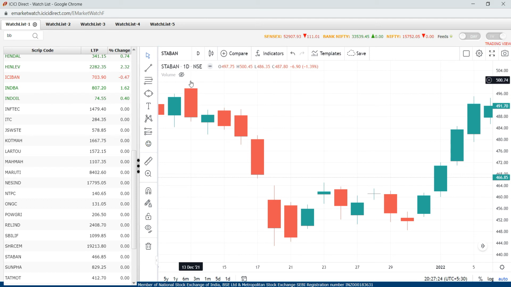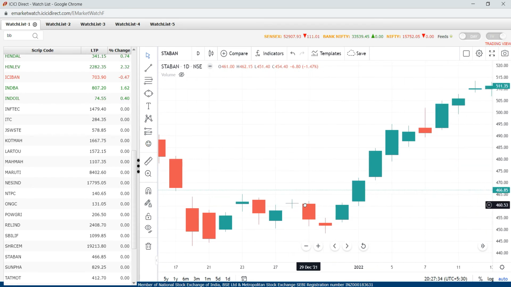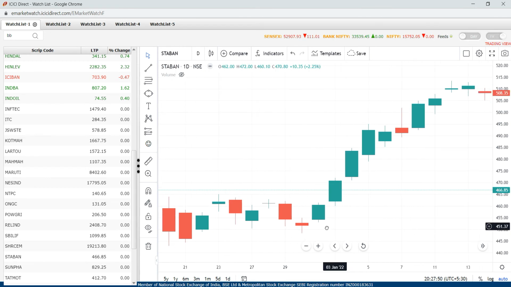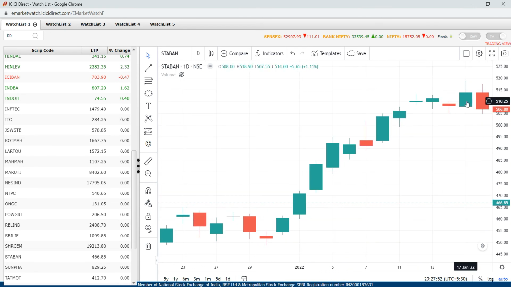The stock was trading somewhere around 500 and it almost fell. Here you can find a morning star. As I said, this is a three candlestick pattern. So this is called a morning star. When it is formed in a downtrend, this would be a bullish reversal. You can see after this candle, the stock moved up.